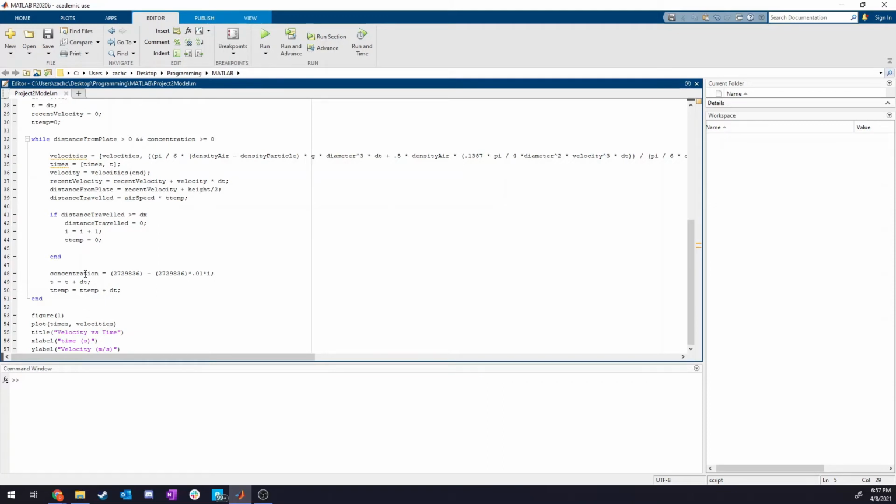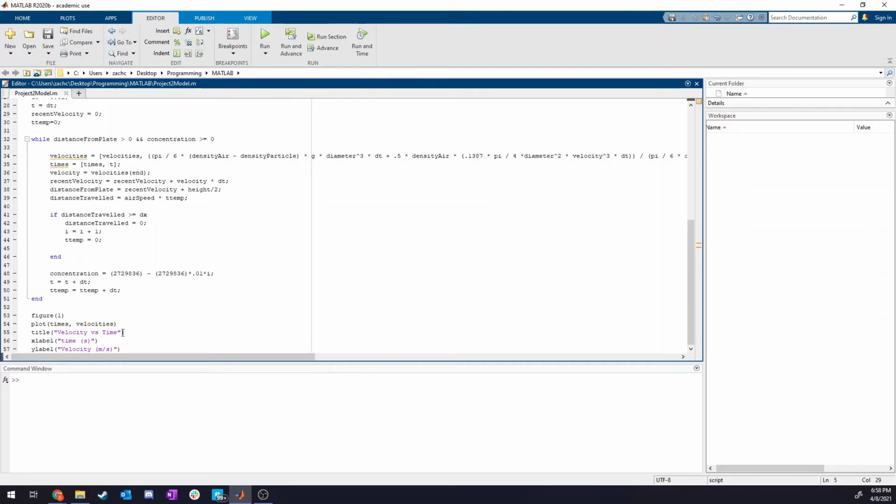So we assumed that for every 1% of the plate that the particle travels, the concentration would also drop 1%. So we used I to increase the amount that the concentration has decreased. And then following that, we have our increments where we increase the time temp, which is used for the distance traveled, and we increment the time by delta t.